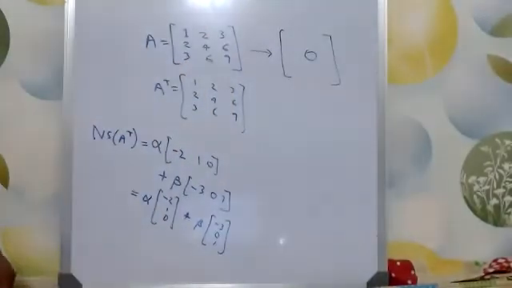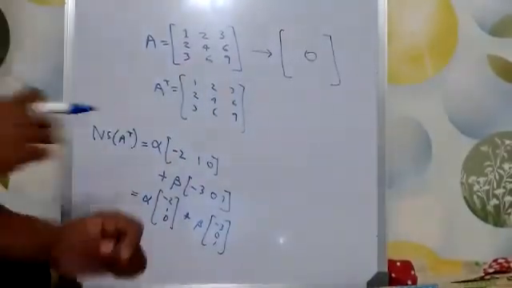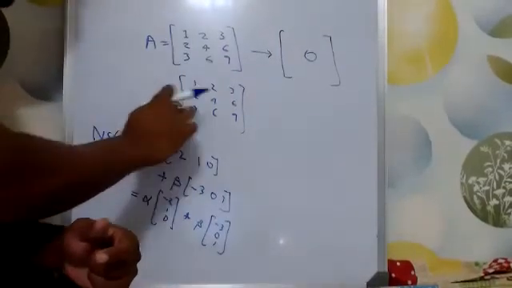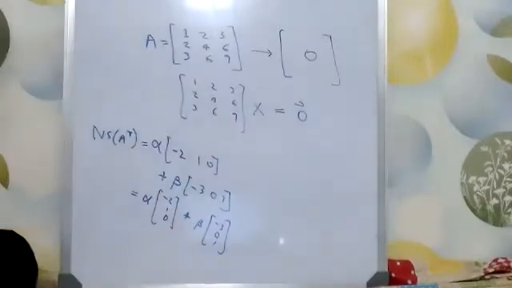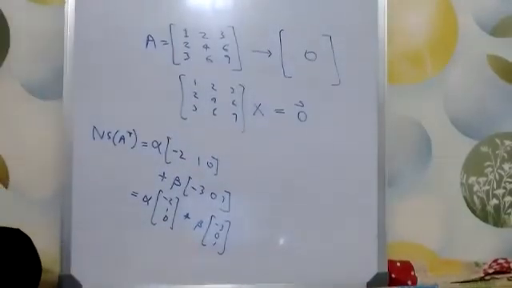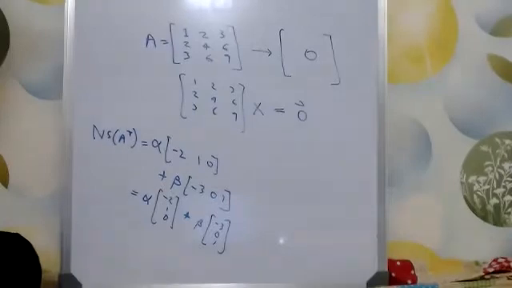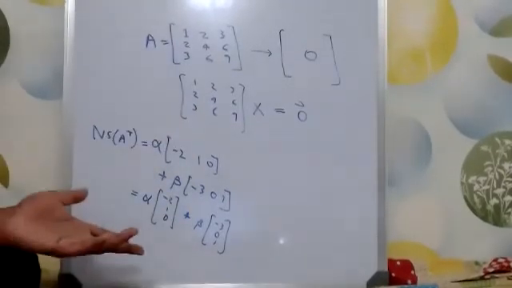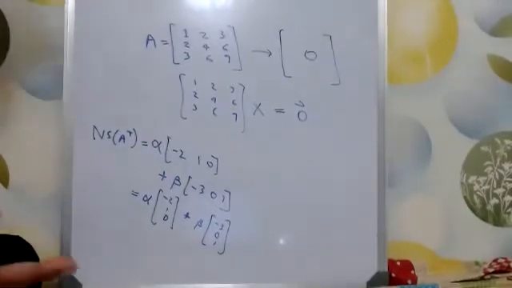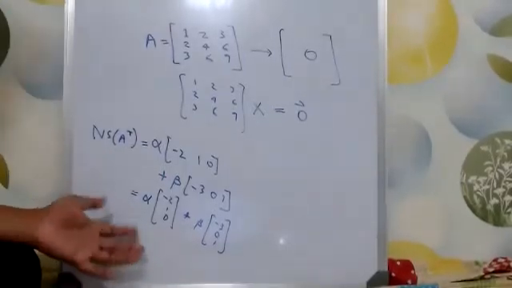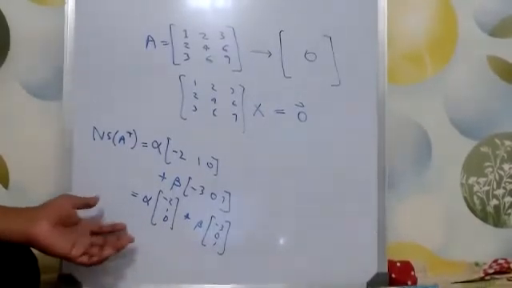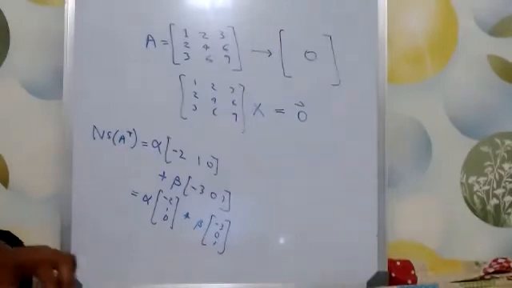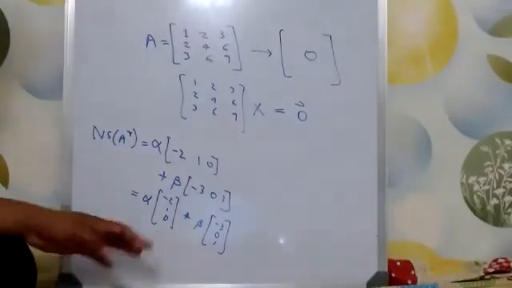A transpose is equal to A. So you take A transpose and then you solve A x equal to 0, like we did in case of null space, and then find the null space like we did. So that null space will actually be the null space of A transpose. So that is also okay. This is just one more way to do it. You're taking advantage of row multiplications. So ultimately you get the null space.